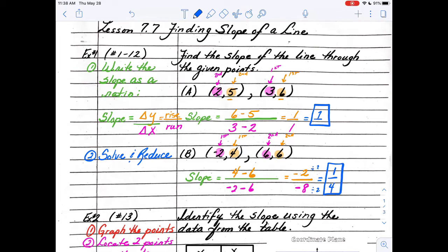Again, rise, up 1, 4 to the right. Up 1 over 4, up 1 over 4. That is my slope. So again, the big thing to remember is slope is that change in y, or your rise, over your change in x, your run.